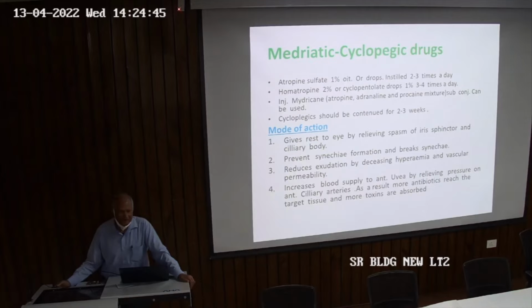Any drug which is mydriatic, meaning it causes dilatation of the pupil but no cycloplegia, no accommodation loss. Accommodation is by the ciliary muscles. So these muscles are not paralyzed. That is phenylephrine. That is mydriatic, but not a cycloplegic drug.